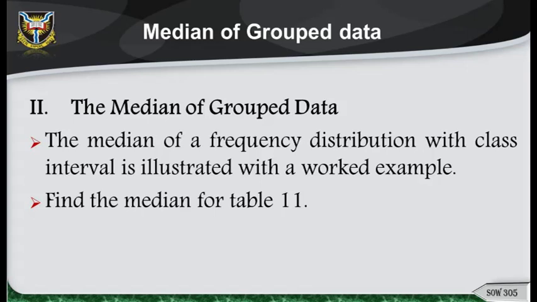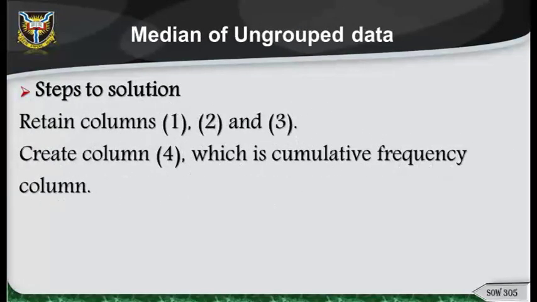2. The median of grouped data. The median of a frequency distribution with class interval is illustrated with a worked example. Find the median for table 11. Steps to solution. 1. Retain columns 1, 2, and 3. 2.